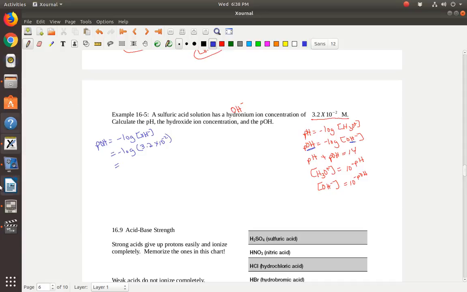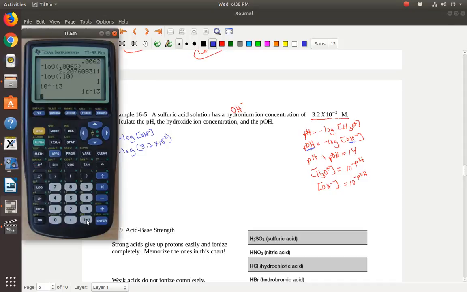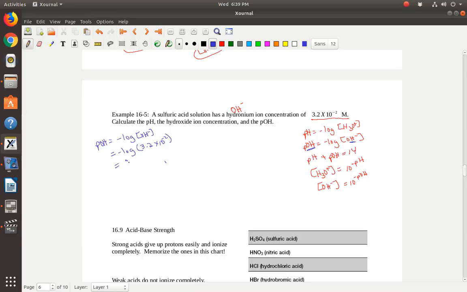So let's put that in our calculator and see what number we get. Negative log, 3.2, second function, EE, negative 2, close parentheses, enter. So I get 1.5, so the answer is 1.5. The pOH is 1.5, okay?